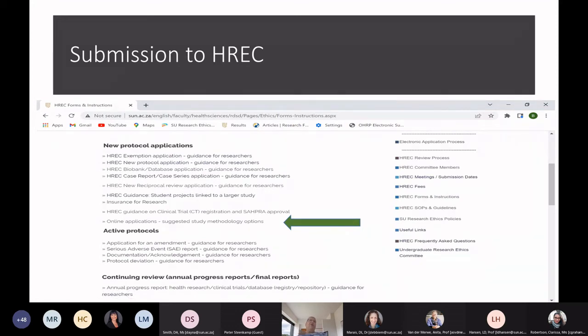So please, if you are unsure about where your study design falls, the HREC has spent with some collaborators from the faculty an inordinate amount of time trying to streamline the process of the identification of study designs. So please do have a look at that.